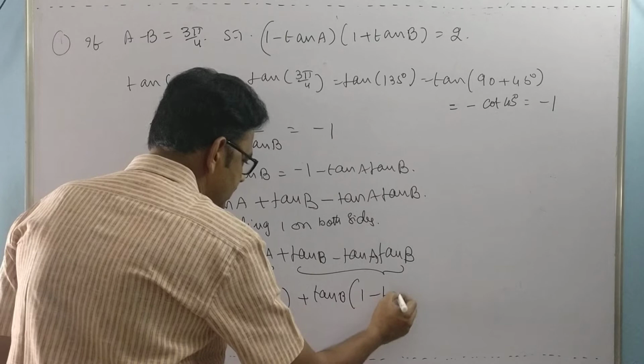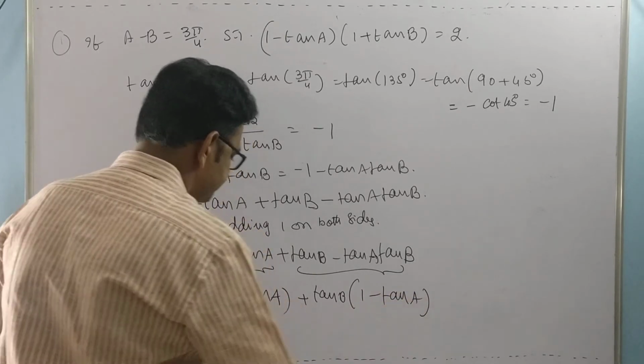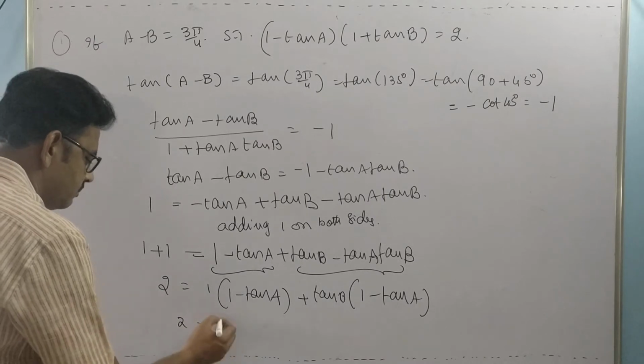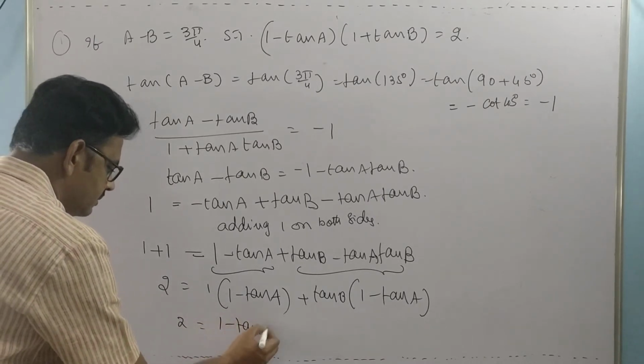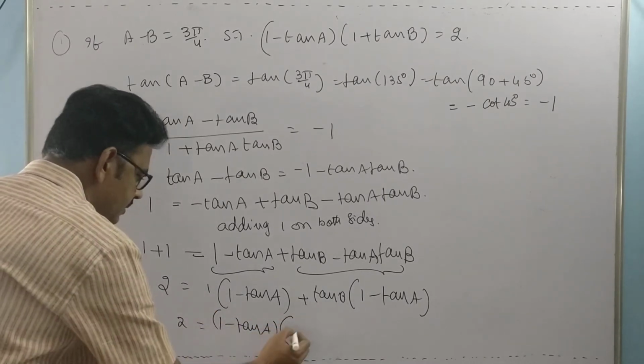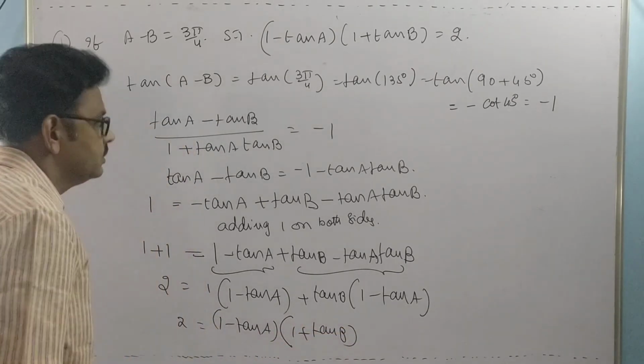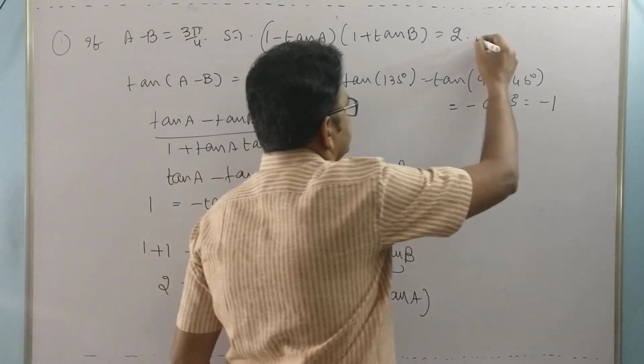So this is 1 minus tan A. Now this is 2 is equal to, so 1 minus tan A is again taken common. So 1 minus tan A into this is 1 plus tan B. So which is our required result.